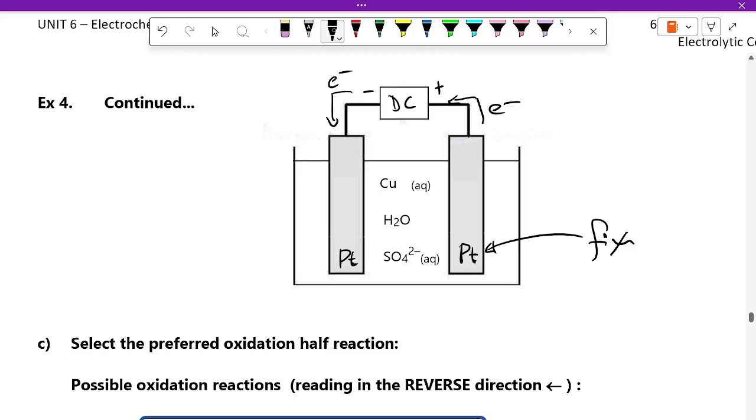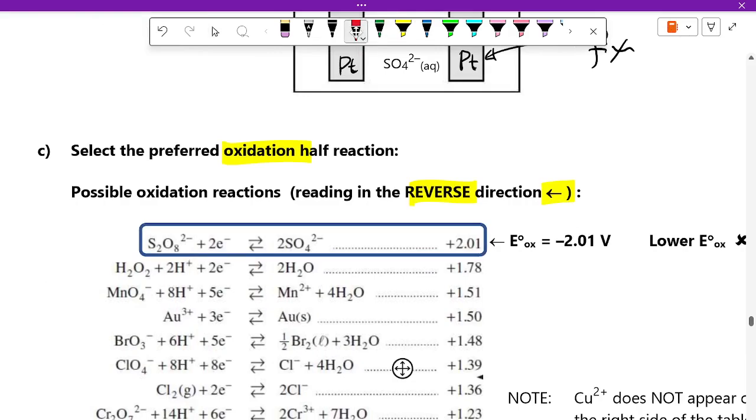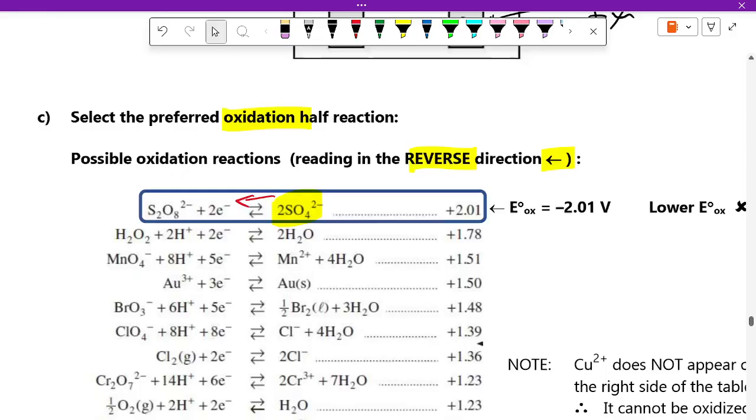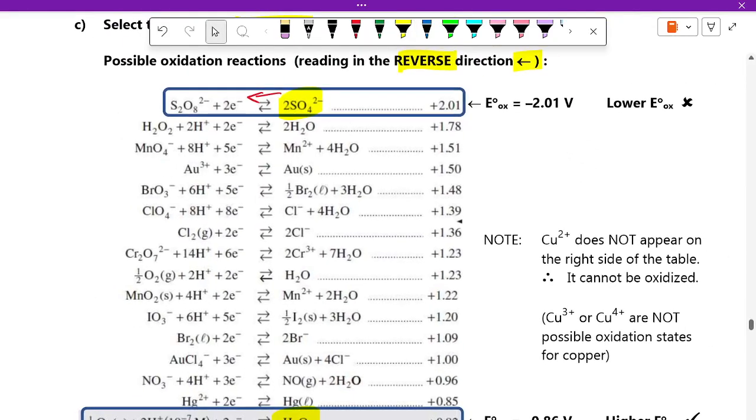So for the preferred oxidation reaction, we need to read in the reverse direction because oxidations go in the reverse. So we are looking at these going this way. So sulfate can get reduced. Water can get reduced. Oxidized. Water can get oxidized.